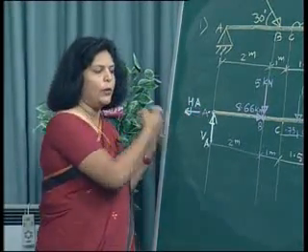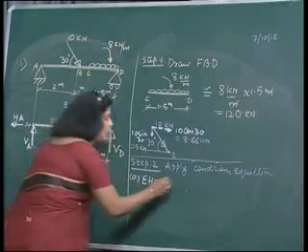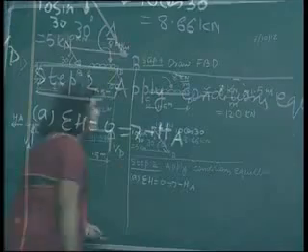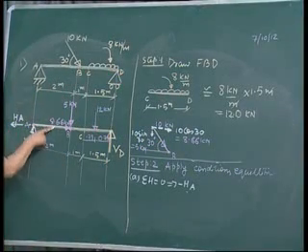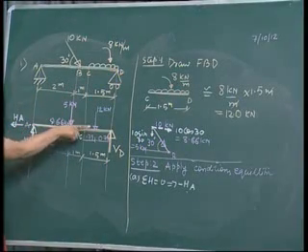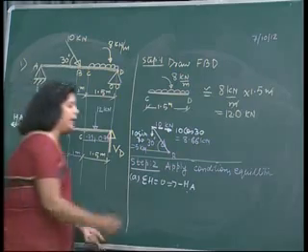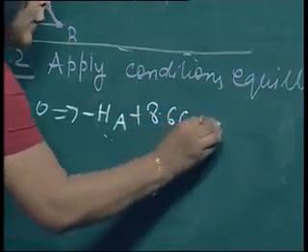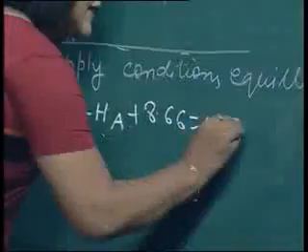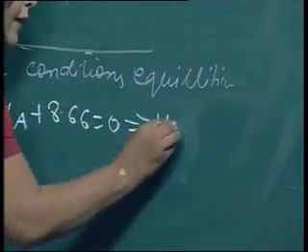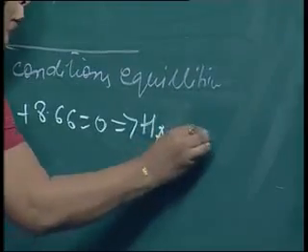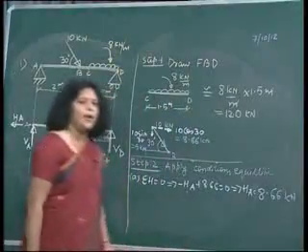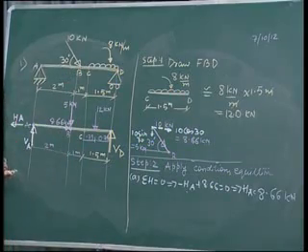HA is moving towards the negative x-axis, so it will be minus HA, and 8.66 is moving towards the positive x-axis, so it will be taken as plus. That is equal to 0, which implies HA is equal to 8.66 kilonewtons, right.